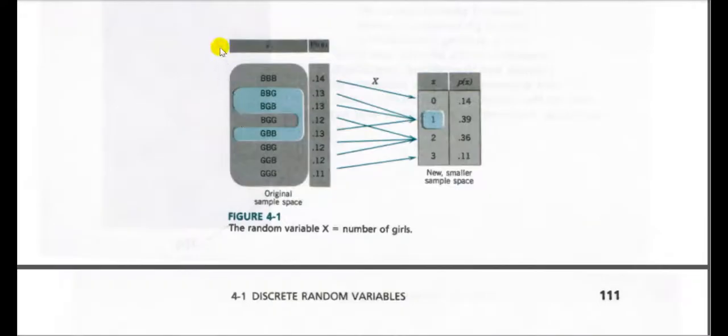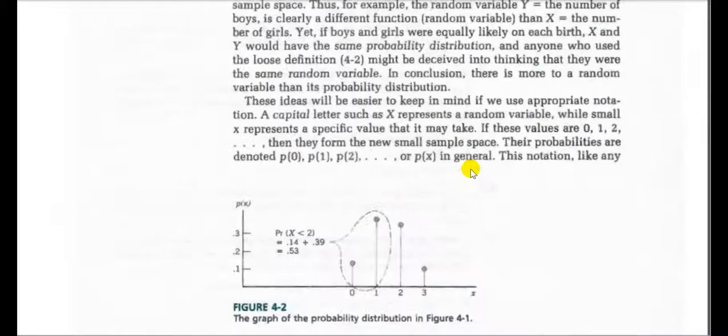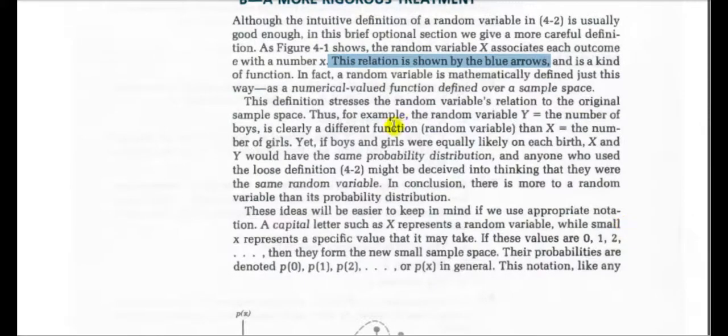And that is a kind of function, right? We're going from this set of elements to this set of elements. So that's a function. In fact, a random variable is mathematically defined just this way, as a numerical valued function.